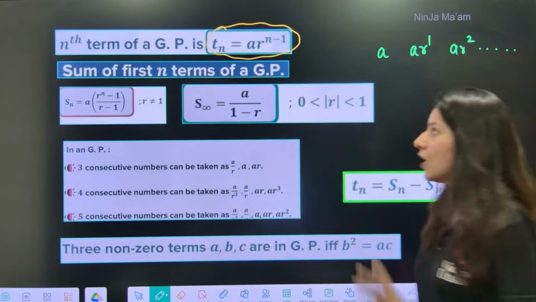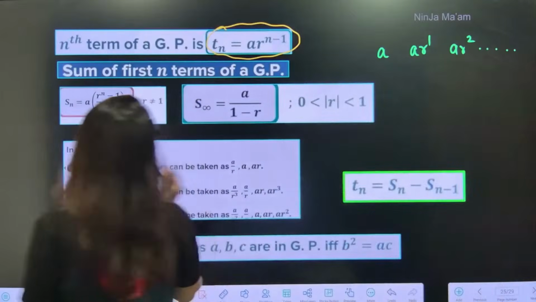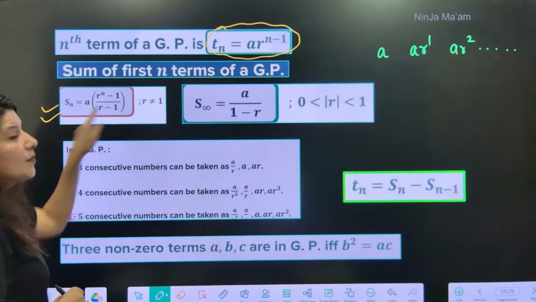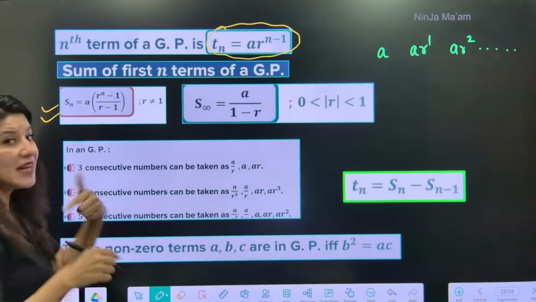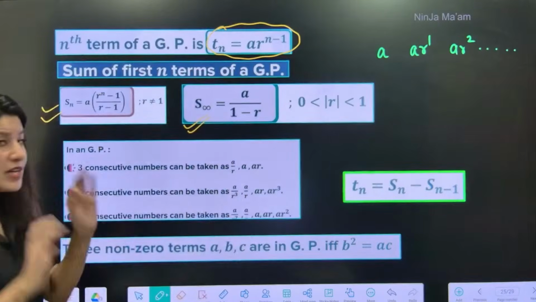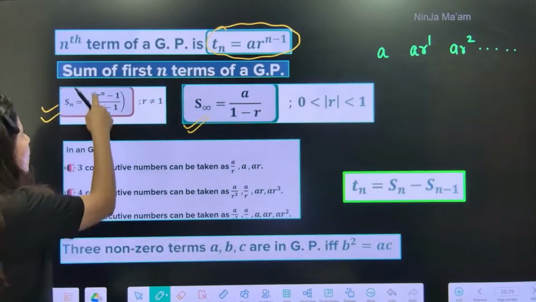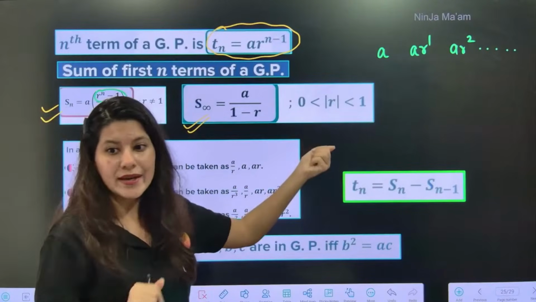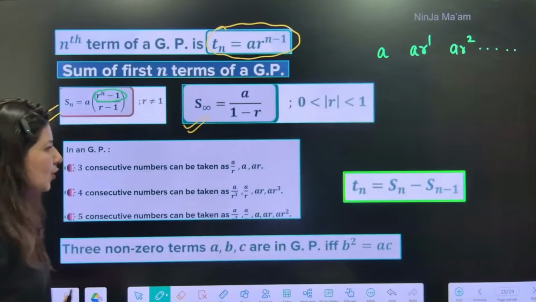Now if you wish to figure out the sum of first n terms of a GP, this is the formula: A times r power n minus 1 upon r minus 1. R is the common ratio. If at all infinite terms you need to figure out, just ignore this part. So A upon 1 minus R. So this is how you're going to get.